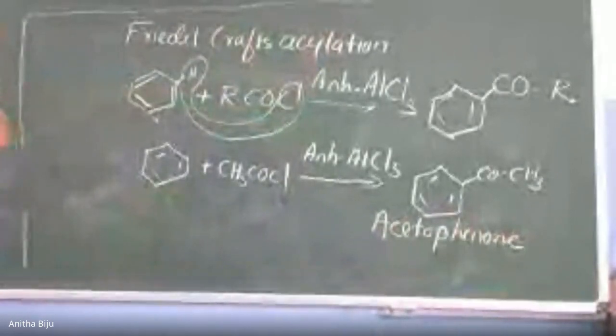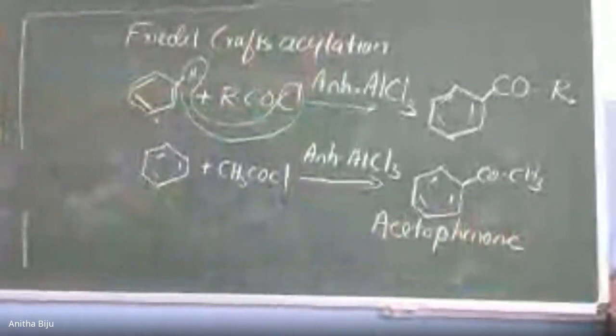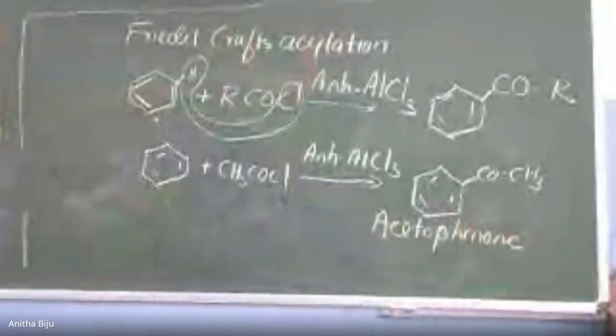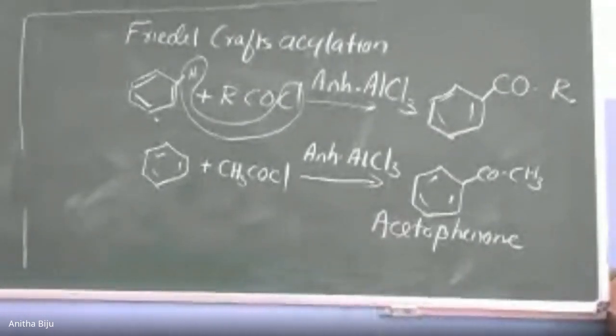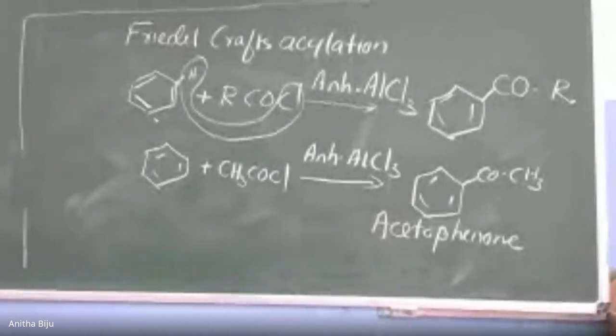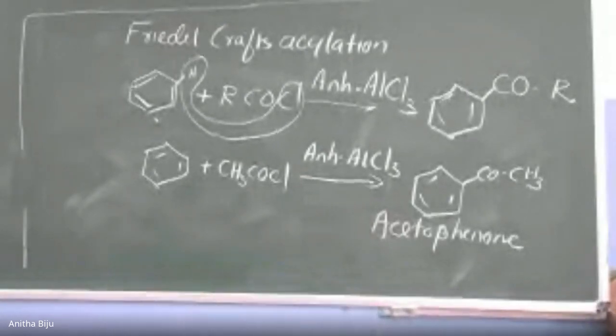Okay, aromatic ketone. Now let us think about the second method of preparation. In this case, the reagent is Grignard reagent and the substrate, substrate means the major reactant, is nitrile.